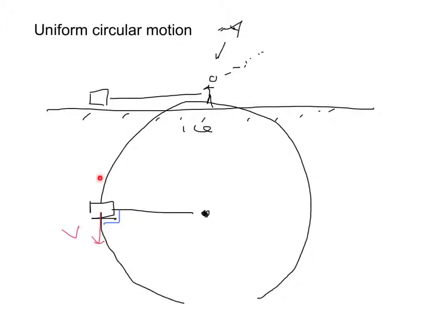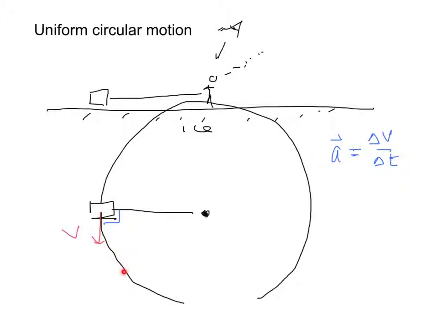Recall that acceleration in general is a vector, and it's the change in velocity with time. Notice that when the velocity is constant in uniform circular motion, the velocity doesn't change in magnitude, so the length of this vector is the same. What changes is the direction of the vector.